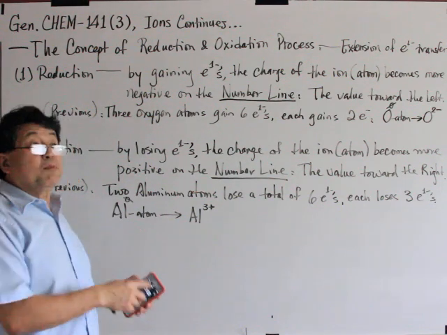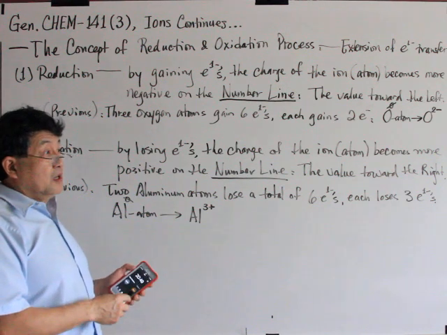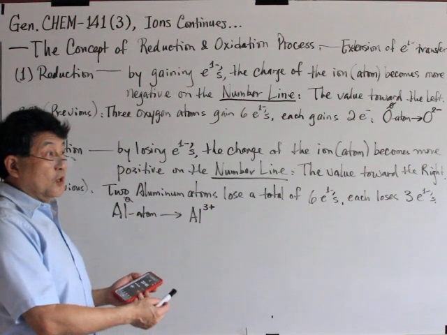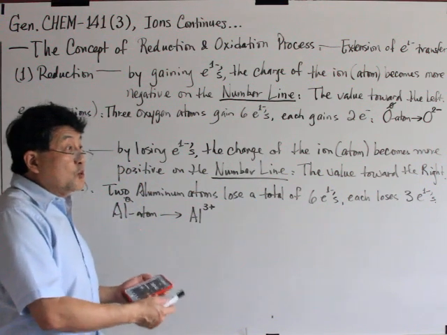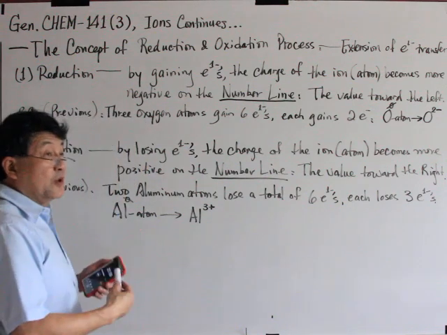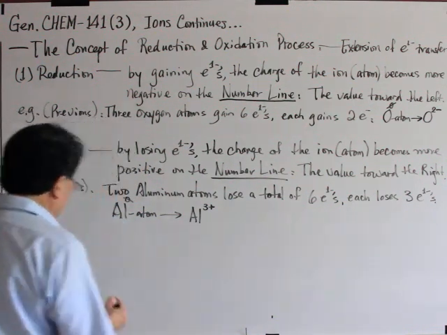So the number line is quite important. I don't think anybody ever really emphasized the number line in helping students learn chemistry, but I think I need to point out because I find it very helpful, very useful.